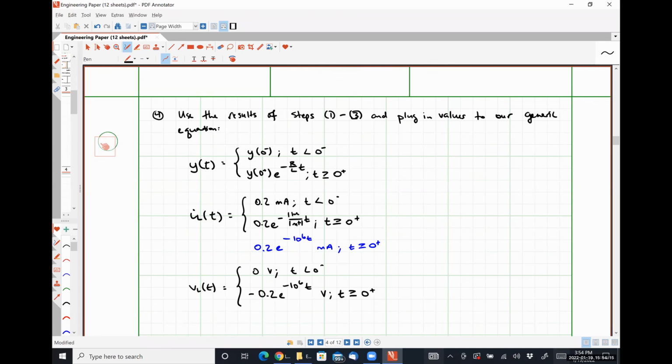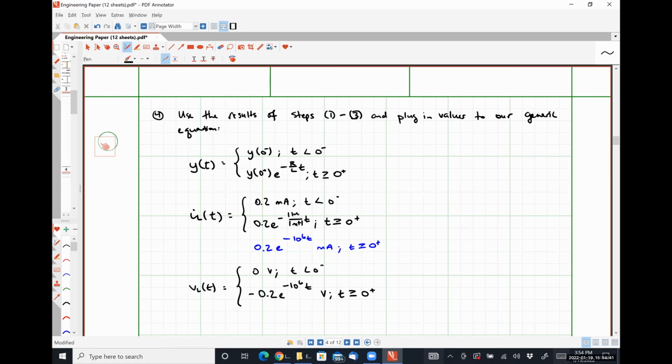What we could do to check our answer here, if we felt so inclined, would be to take the derivative of the current, multiply it by the inductor value, and we would find that we should get VL of t either way, right? So what I mean by that is we can use our calculus-based relationship.